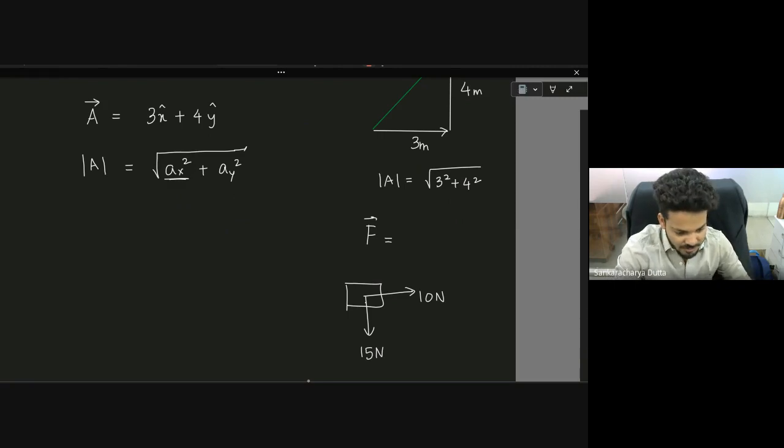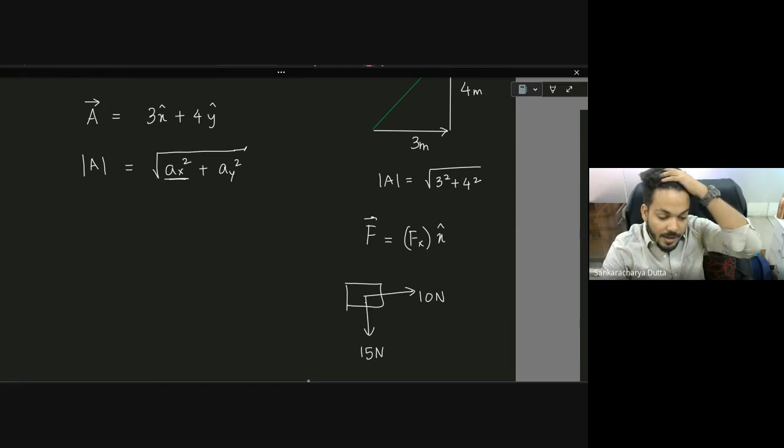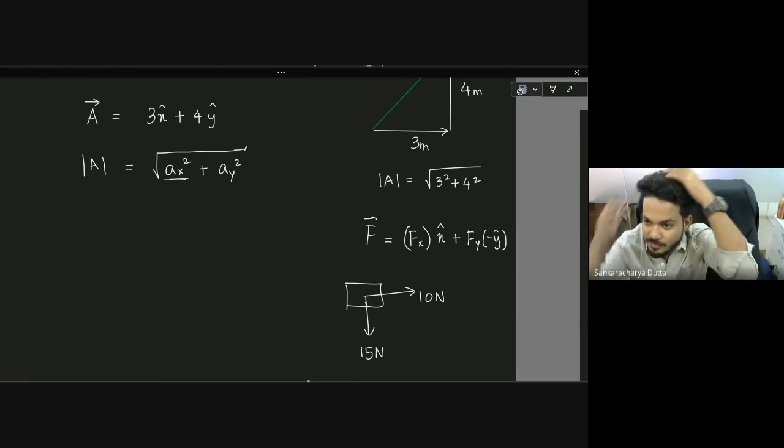Well, you can use this. It has an x component which I'm going to represent as Fx. Fx is equal to 10 in the x direction. And then you have essentially 15 Newton in the minus y direction, which I'm going to call Fy, the y component of this force, and it is equal to 15 because it's given in the question as 15.